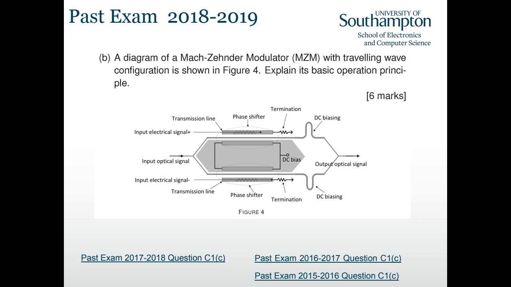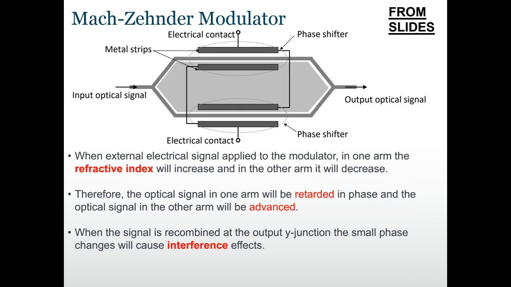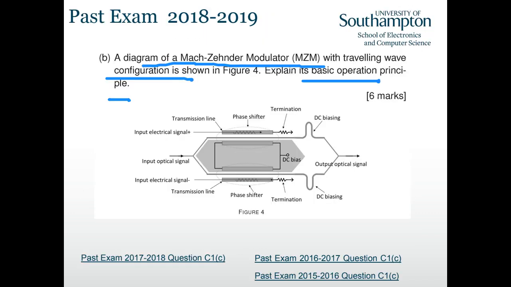So this is a diagram of MZM with a traveling wave configuration. It explains its basic operation principle. As I explained in lecture 6, there are 3 levels of MZM operation principle.